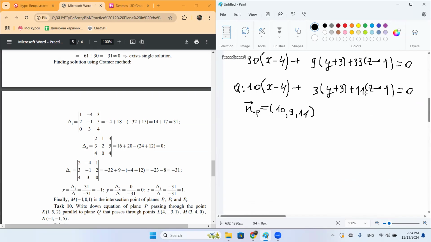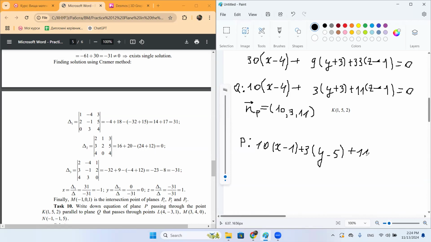And with all this information, let's write down the equation of the plane P. So 10 times x minus 1, plus 3 times y minus 5, plus 11 times z minus 2, and it equals 0.